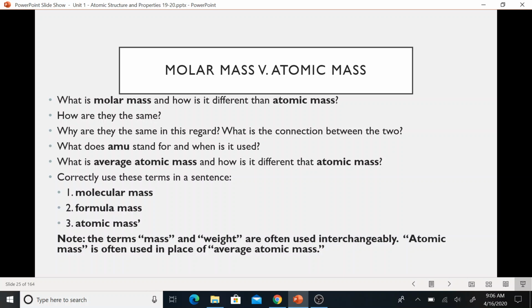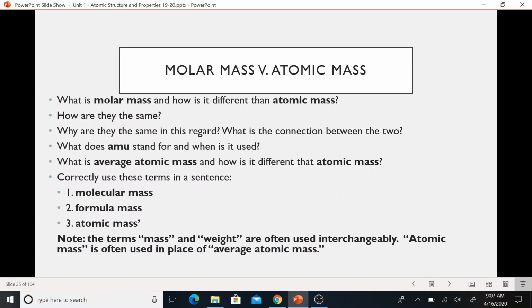So if I have 6.02 times 10 to the 23rd, let's say particles of carbon, that means that I should get a very specific mass because that's 1 mole. And that mass of 1 mole of carbon is 12.01, right? So we can see that there are some similarities between molar mass and atomic mass, but there's definitely some big differences, okay?